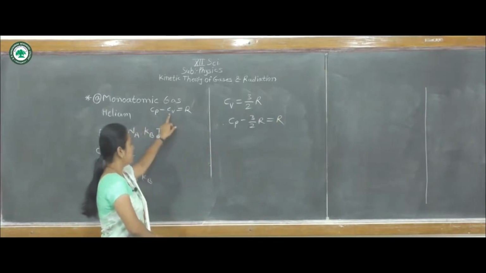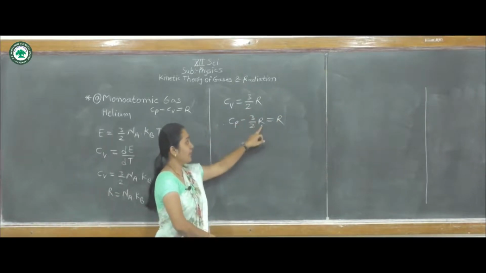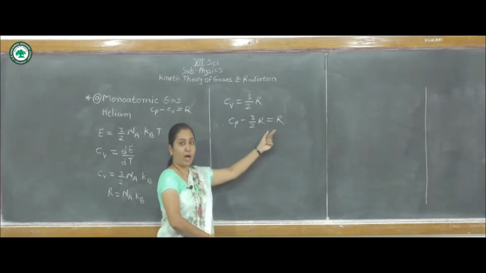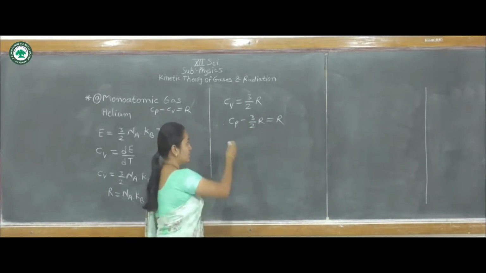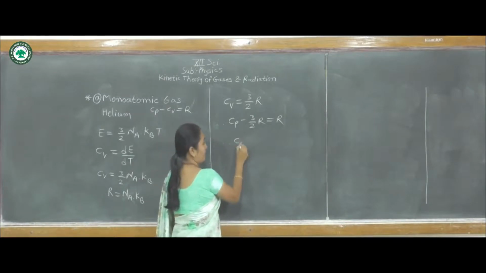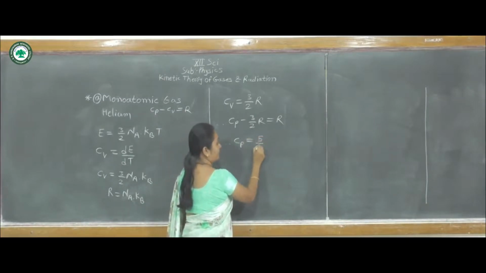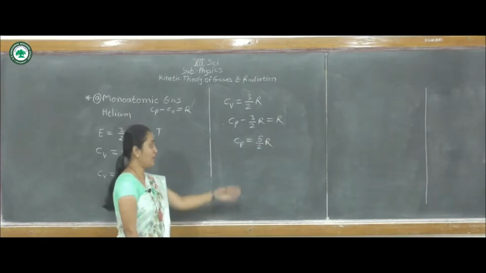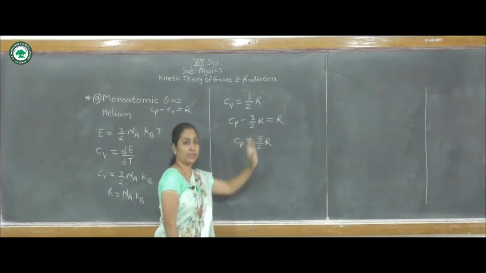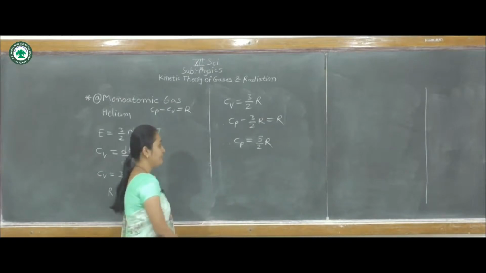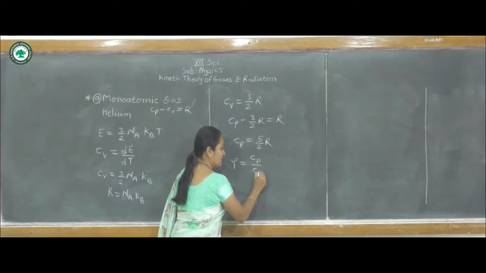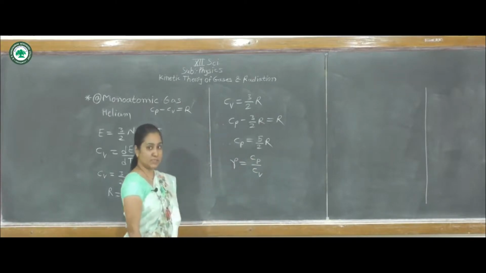Instead of Cv, we have written 3 upon 2 R. So Cp minus 3 upon 2 R is equal to R. So this equation becomes Cp is equal to 5 by 2 R. So we have calculated these values. Now the ratio of specific heats gamma is given by Cp upon Cv.